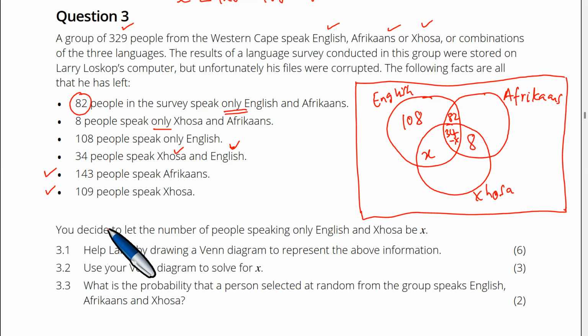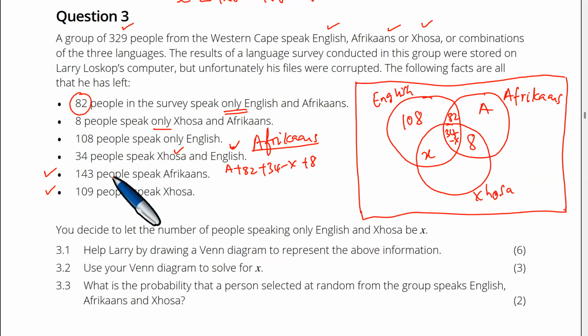We come here and we say Afrikaans. So we can put A here. A plus 82. The Afrikaans is A plus 82 plus 34 minus x plus 8.